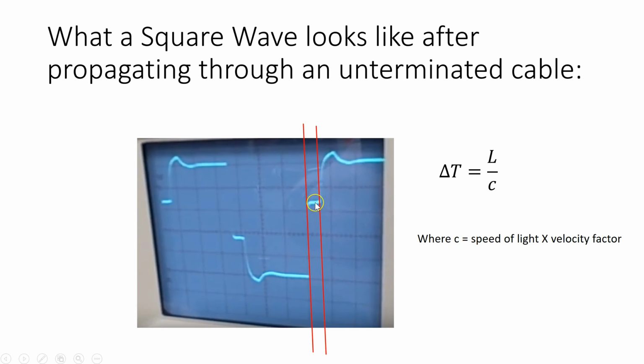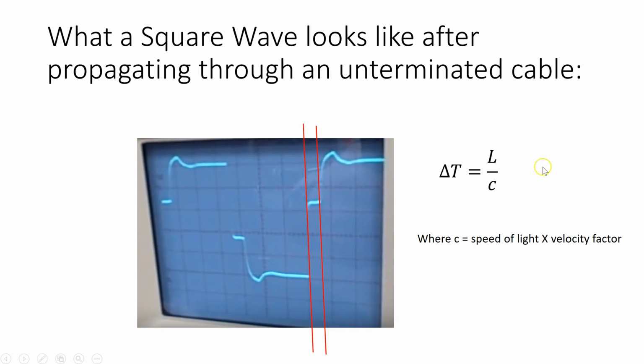This is the previous square wave being reflected from the unterminated end of the cable, and this time delay here on this little shoulder is actually equal to the length of the cable divided by the speed of light times something called a velocity factor. So when you look up your cable, you'll see it'll have a velocity factor of 0.6 or something.